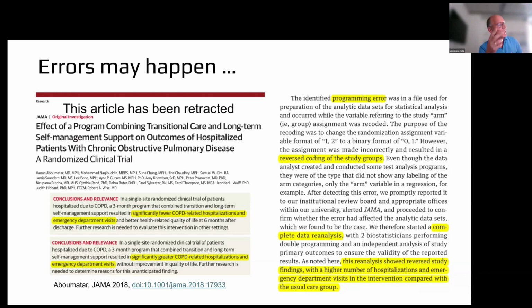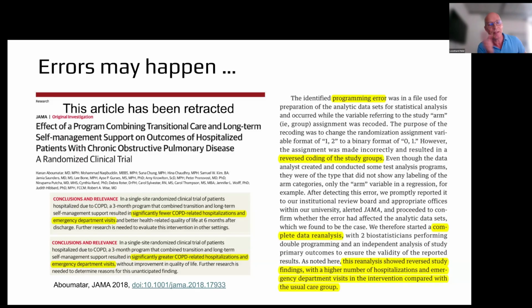And then actually a correction was published roughly a year later, where you see the abstract down here, which now states there are significantly greater COPD-related hospitalizations and emergency department visits, and that this is an unanticipated finding.